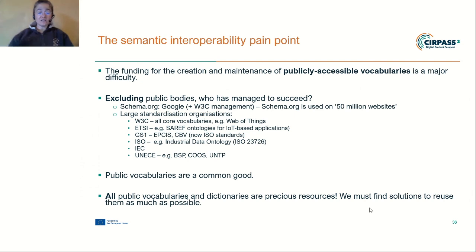You have ISO with a very recent industrial data ontology, for example, the IEC, like we just saw, then UNECE with the BuySHIP-PAY ontology, the CUS ontology, and now UNTP, and many others. The important message here is that public vocabularies are a common good, and because they're so costly to create, they're precious resources. So we must find solutions to reuse them as much as possible.